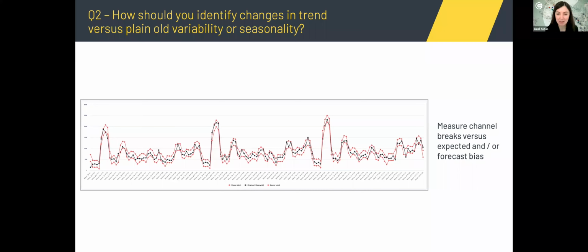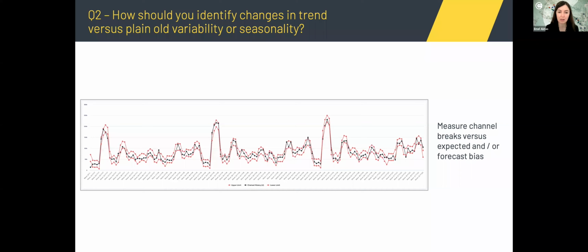Yes, with pleasure. So we'll have to see a systematic increase in the expectation from the actual forecast, for example. If we look at the forecast and see that we are constantly behind or constantly over, that suggests that the trend has changed.